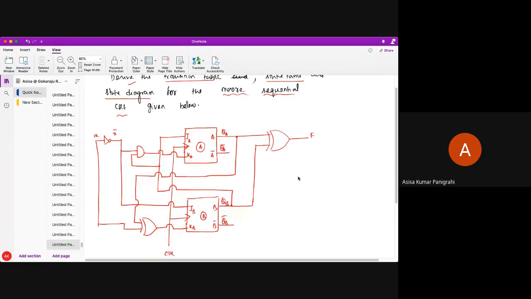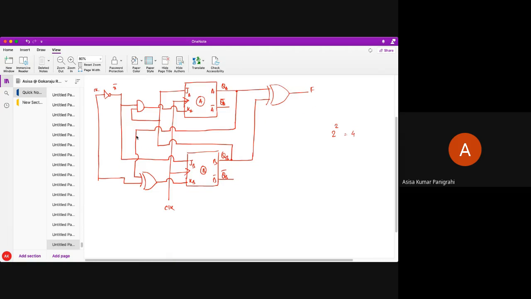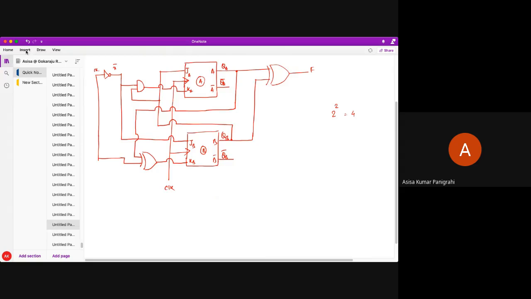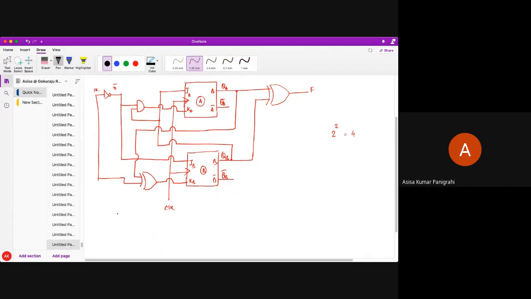You can see over here, it has two flip-flops. So obviously two flip-flops means maximum how many states can we expect? You can expect 2 squared, that is 4 states. So if this type of question is given to you, to find out the state table, state diagram, as well as the transition table, your solution has step 1.